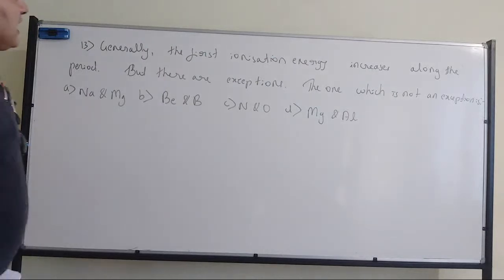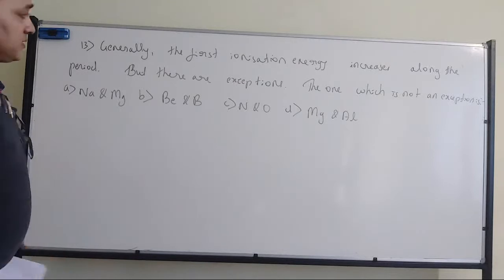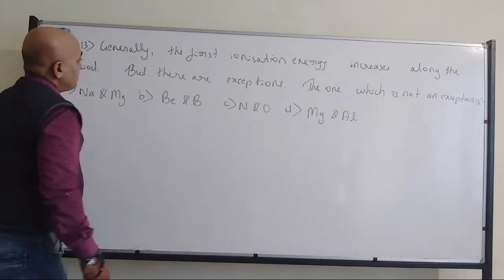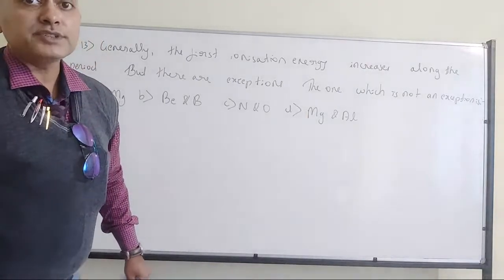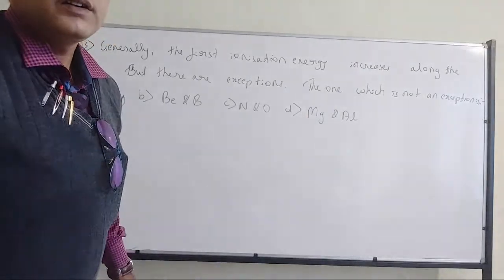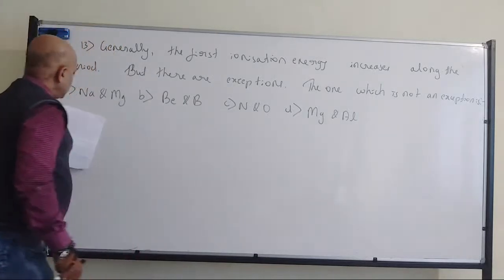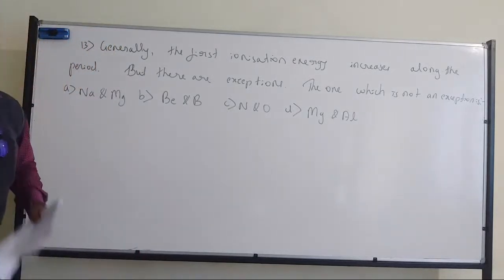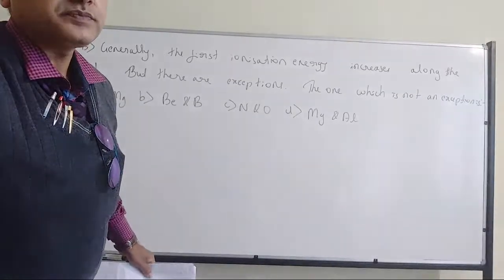Generally, the first ionization energy increases along the period. All of us know that. But there are exceptions. The one which is not an exception is, okay, sodium and magnesium. All of you will agree, sodium and magnesium, yes, they are not the exceptions.